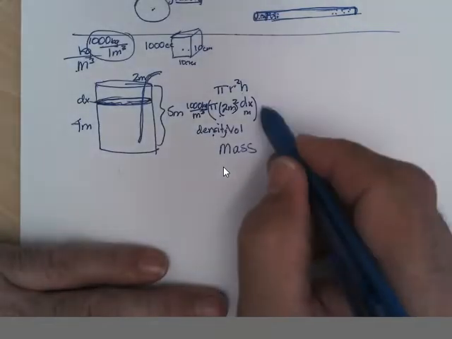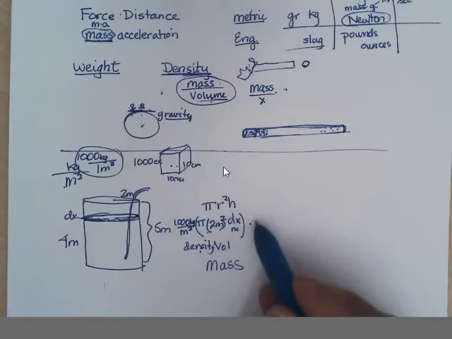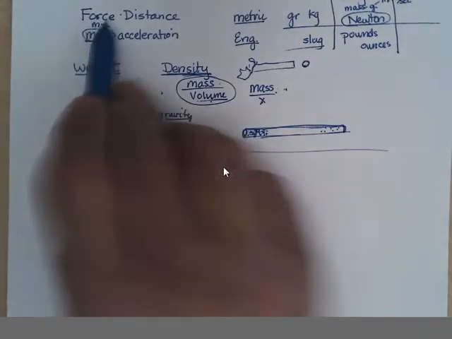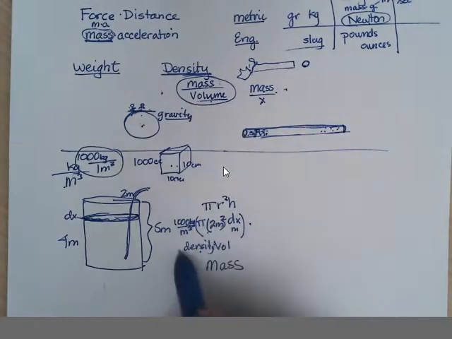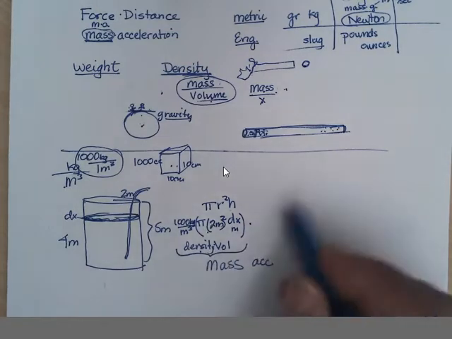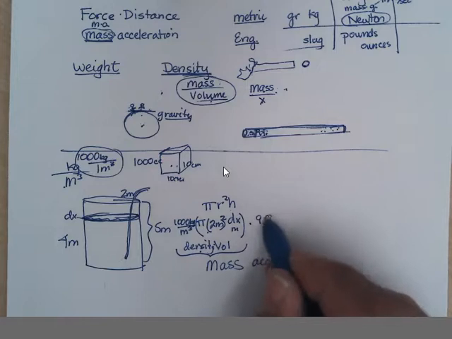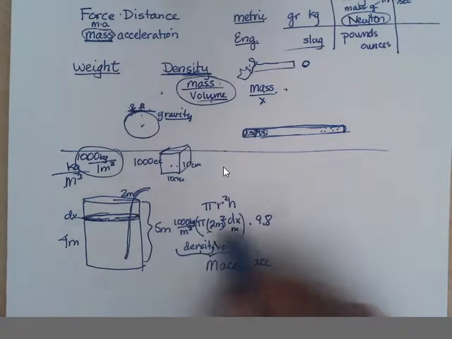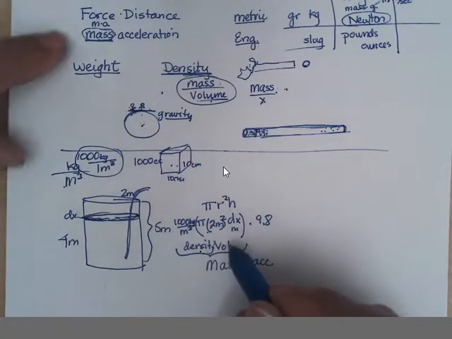And force is mass times acceleration, so we have to take the mass, all of this stuff, times the acceleration due to gravity, which is 9.8 in the metric system, meters per second squared. And that makes a Newton.